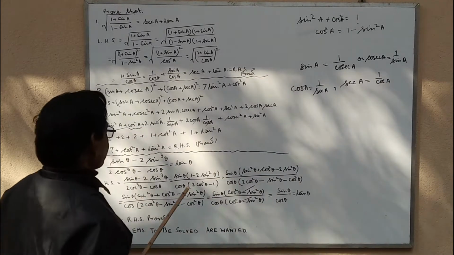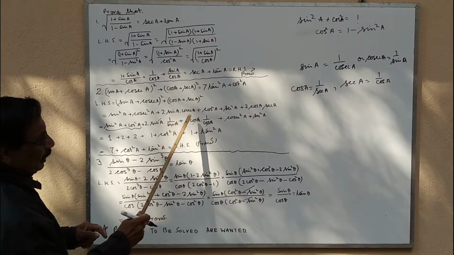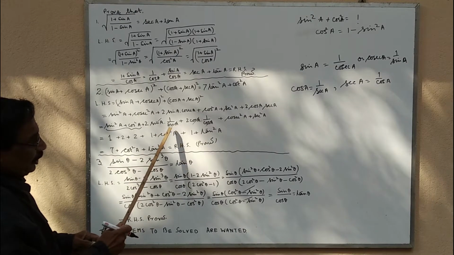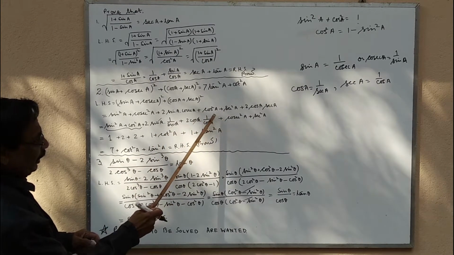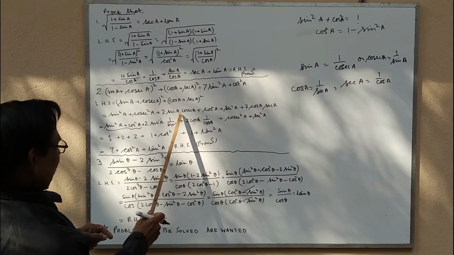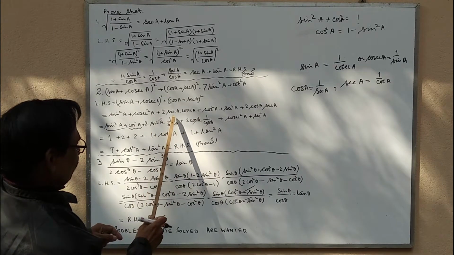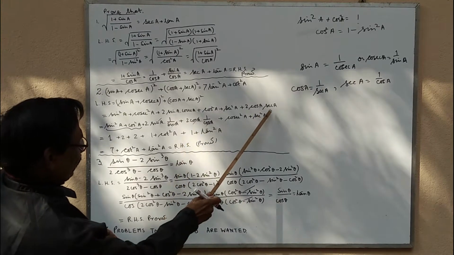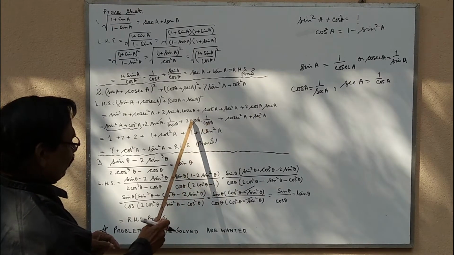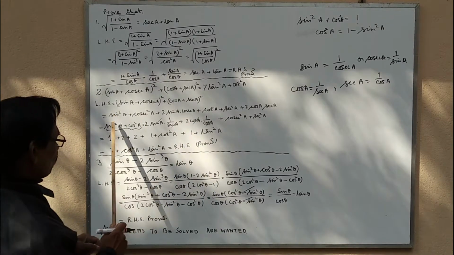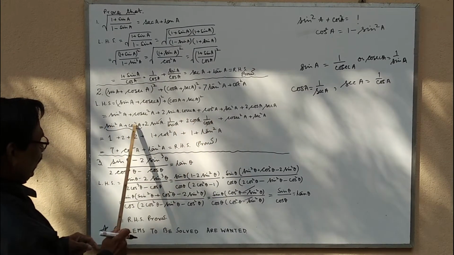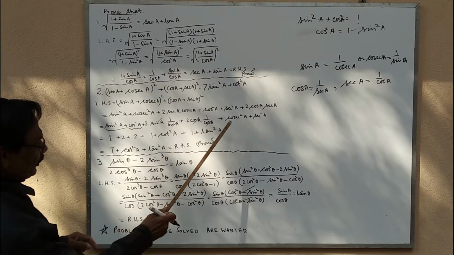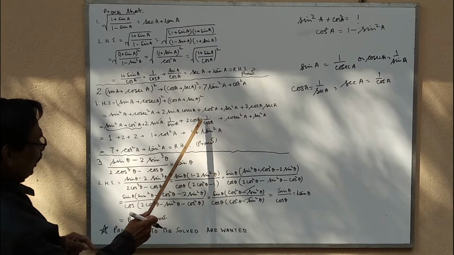So here sin a times cosec a equals sin a times 1 by sin a, this will cancel out itself, and similarly cos a times sec a, which is cos a times 1 by cos a, will cancel out. And we have sin square a, cos square a, cosec square a, and sec square a.